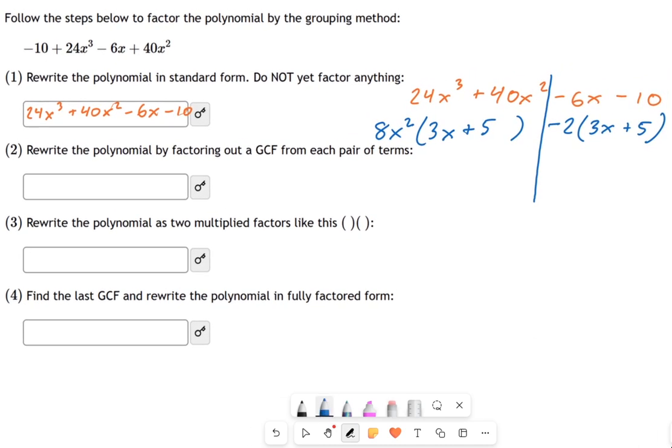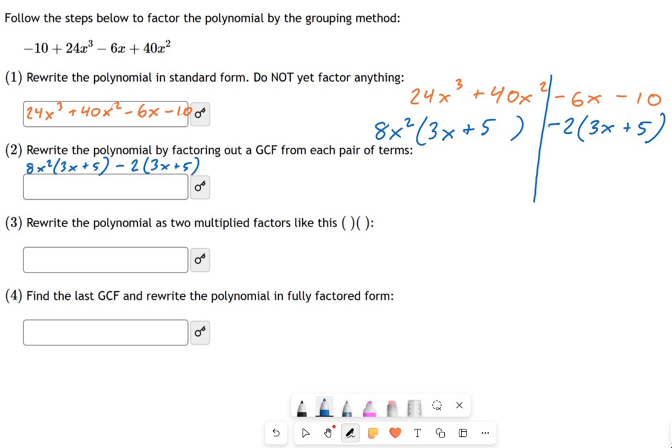Okay. So now, what do we put in this box right here? In this answer box, what it's looking for is for you to say it like this. You say 8x squared times 3x plus 5, and that's one of your pairs. And the next pair is this one, minus 2 times 3x plus 5. Okay, that's your answer to that box.